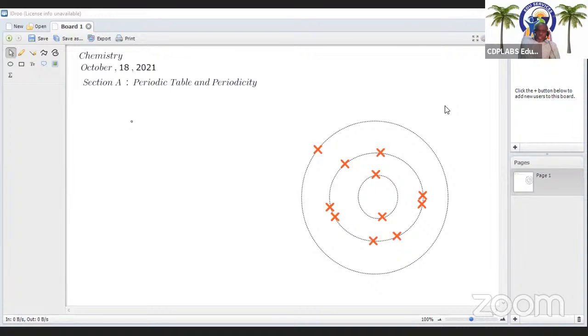This element, which period does this element belong to?